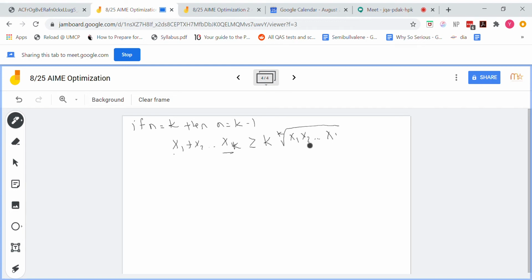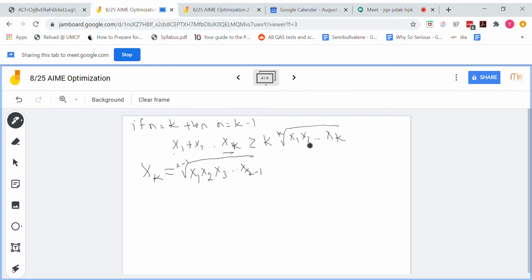To prove that this is true for n equals k minus 1, we simply let xk, remember this is true for any set of non-negative real numbers, equal the k minus 1th root of x1, x2, x3, all the way to x sub k minus 1.